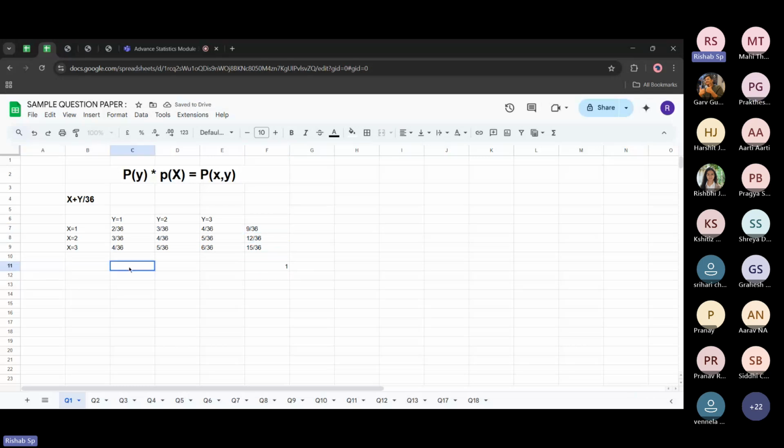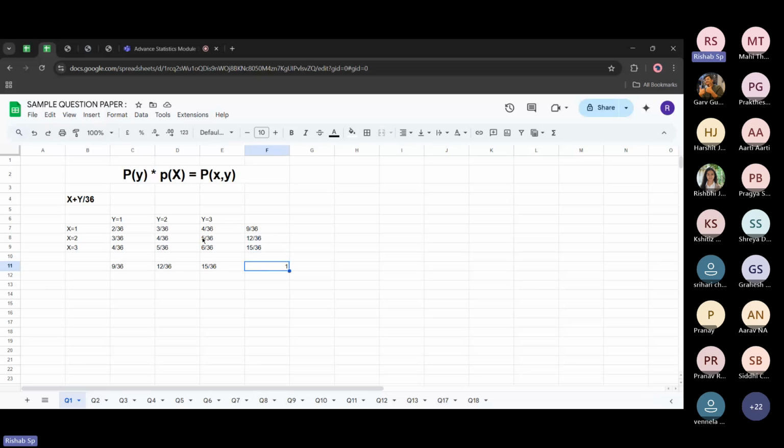Same we'll do for the column. 2 plus 3, 5, 5 plus 4, 9, 9 divided by 36. 3 plus 4, 7, 7 plus 5, 12, 12 divided by 36. And 4 plus 5, 9 plus 6, 15 divided by 36. The sum of the marginal column total and marginal row total is 1.